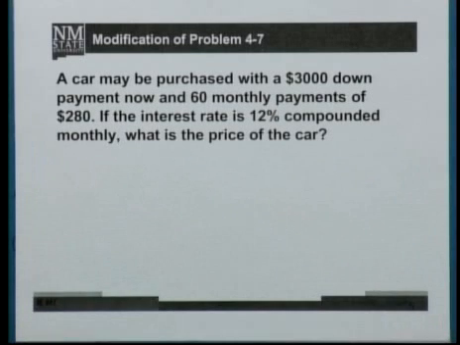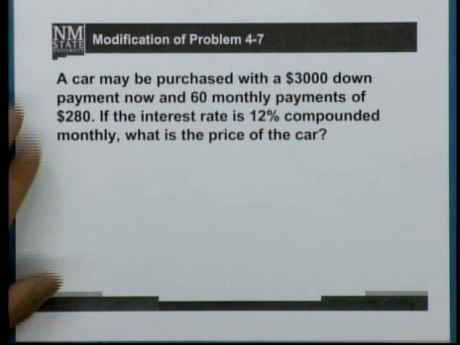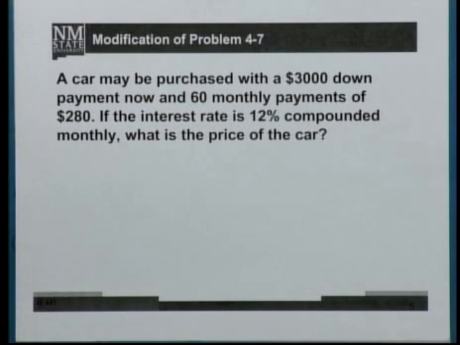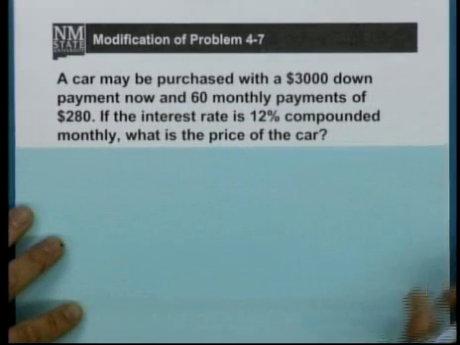So a car may be purchased with a $3,000 down payment right now, and then 60 monthly payments of $280. If the interest rate is 12% compounded monthly, what is the price of the car?